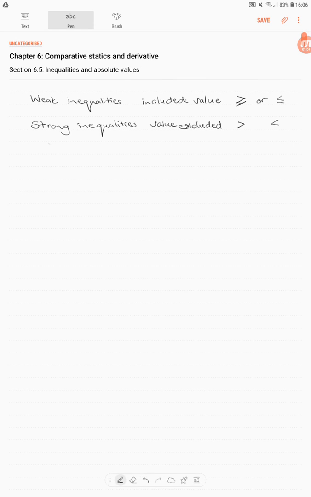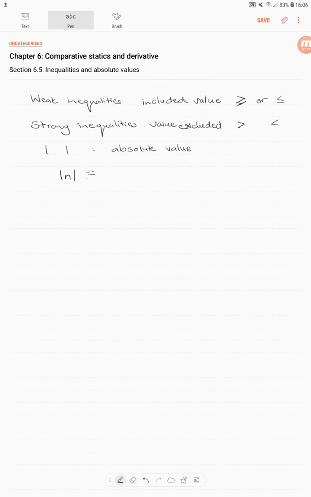We indicate an absolute value by two vertical lines. So if we have some value n, the absolute value is indicated by n between two vertical lines.